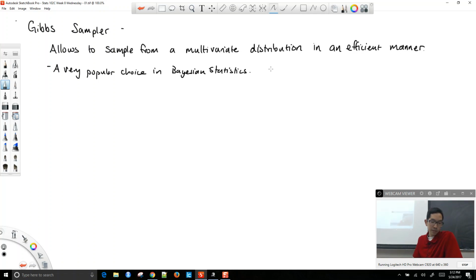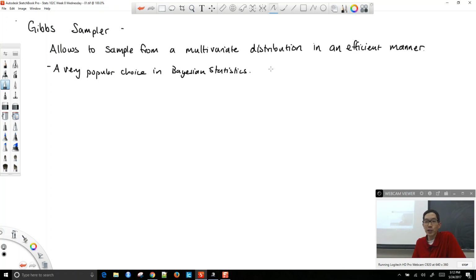The requirement is that we know the conditional distribution of each variable if the other variables are known.